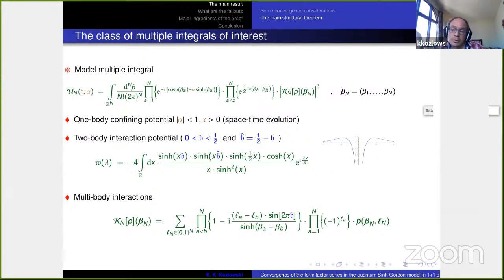What ensures convergence is a kind of equilibrium between the repulsive nature of the two-body interaction, so that the integration variables cannot come too close to each other, and the attractive nature of the interaction, this confining potential, which tells you that you cannot run too far to infinity.